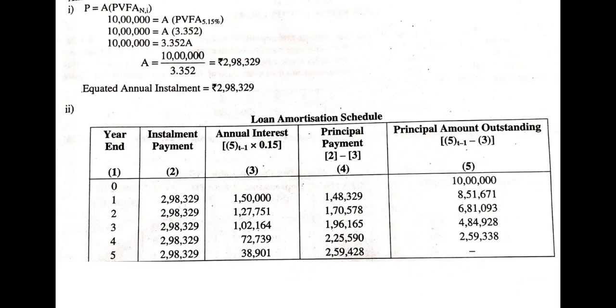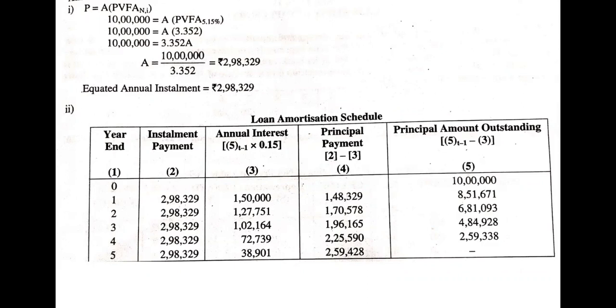The first year we take as 0 because this is the beginning of the first year. We have taken a loan of 10 lakh rupees, so directly in principal amount outstanding we put 10 lakh rupees. Now at the end of the first year, the annual installment you are paying is 2,98,329 rupees.